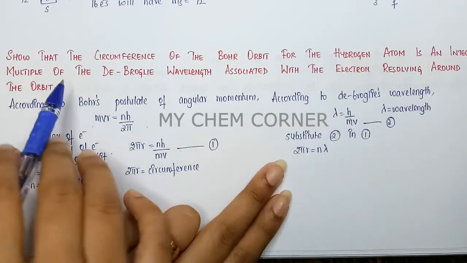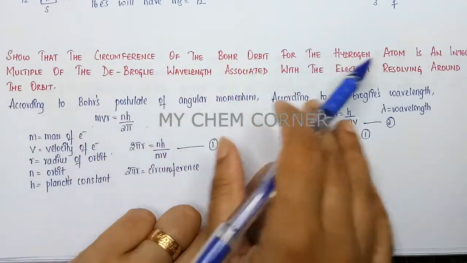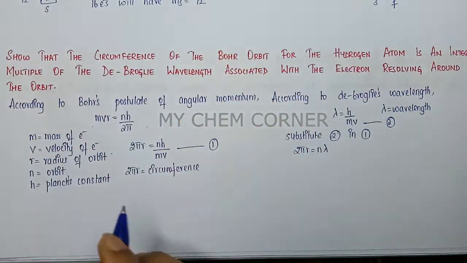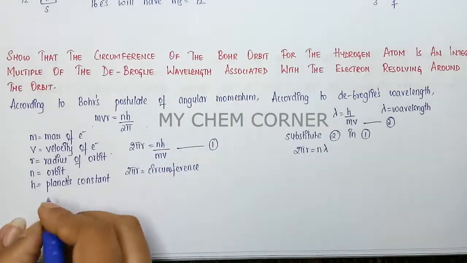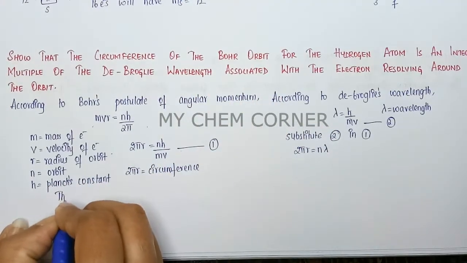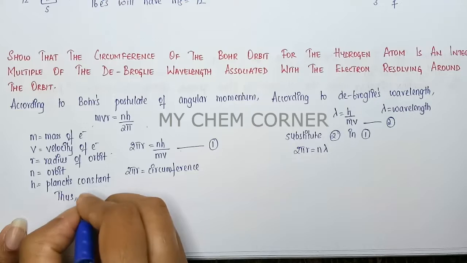So thus we can say that circumference of the Bohr's orbit of hydrogen atom is an integral multiple of de Broglie's wavelength. We can write that statement here.